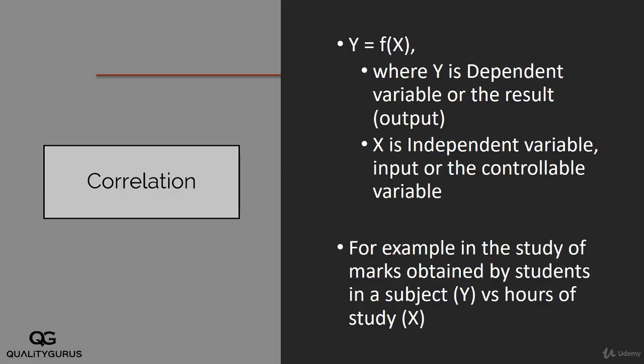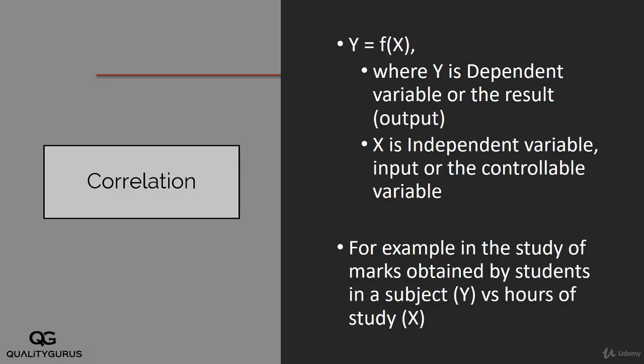In this case, y, the output, is the number of marks which I get in the test, and the input is the number of hours I study. So this is another case of correlation and regression where you can find out the relationship between two things. Whatever project you are doing, you might want to evaluate whether one of the things you are studying depends on another thing or not. That's where you can use the concept of correlation and regression.